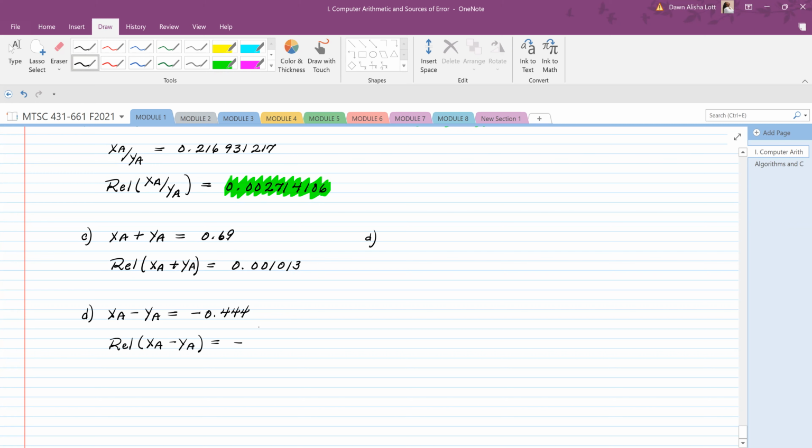Well, it shouldn't be negative. The relative error should actually be absolute value. Some books don't use absolute value. I like to use absolute value. So I'm going to go ahead and use it as an absolute value. So this is 0.0002253. And again, we could have never predicted it, but we can actually compute it.